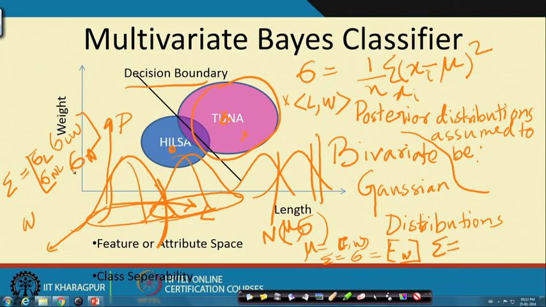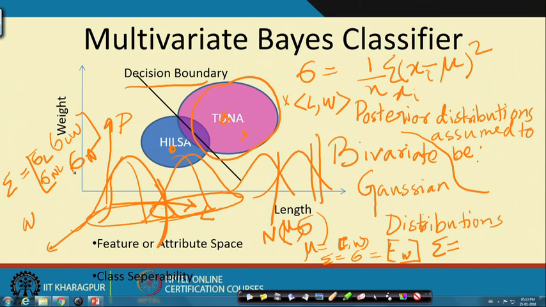Covariance is a cross term, that means the variation of length with respect to average W, and the variation of W with respect to average L, same thing, but the off-diagonal entries are cross terms.